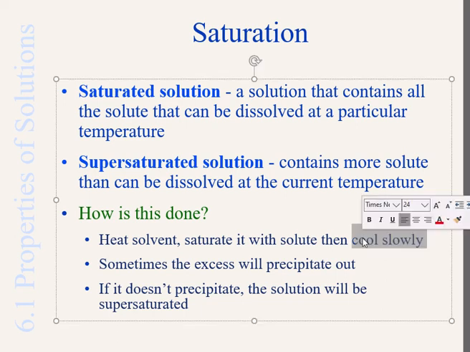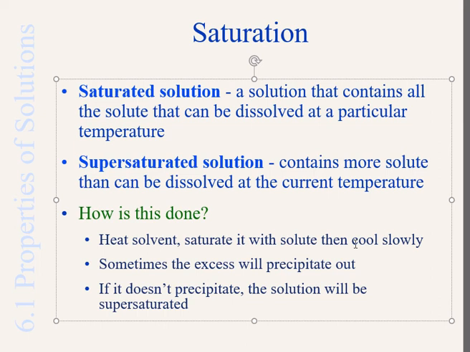When you cool it very slowly, sometimes the excess which should precipitate out, because now that the temperature is coming down, less solute should dissolve. So technically the solute that should not dissolve any longer should come out and settle at the bottom of your glass or your pan or pot, whatever you are trying to do this in.